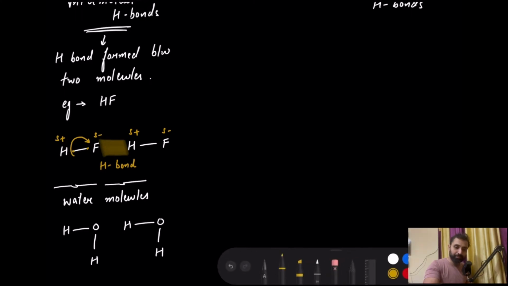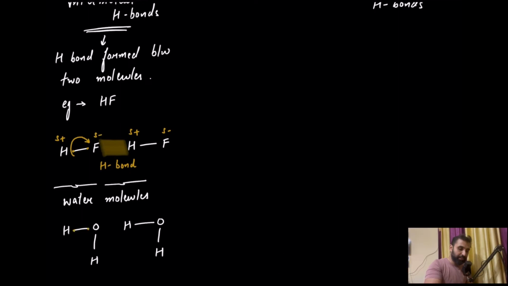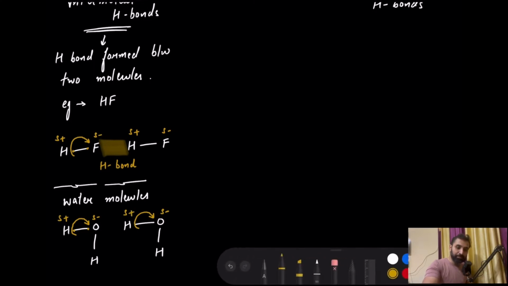Now, we all know the electronegativity of oxygen is greater than hydrogen. Then obviously oxygen will attract the shared pair of electron towards itself. Thereby oxygen will acquire a delta negative charge and hydrogen will acquire a delta positive charge. On the another hand, in a second H2O molecule also, oxygen will attract the shared pair of electron towards itself. Thereby oxygen will acquire a delta negative charge and hydrogen will acquire a delta positive charge.